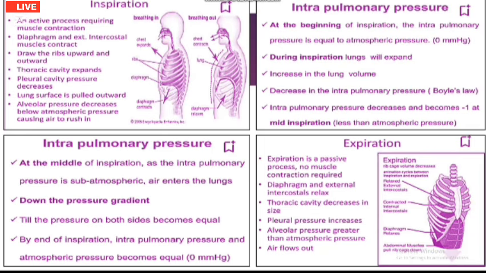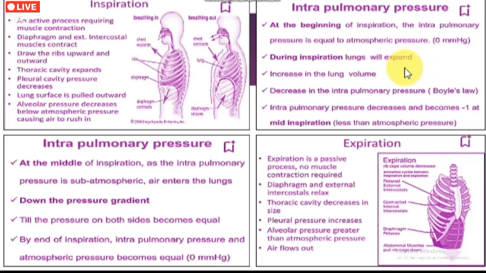Okay. So, if you are able to understand the pressure and volume changes during each respiratory cycle, then you can beat your chest and say you can comfortably describe the mechanism of breathing in human beings.